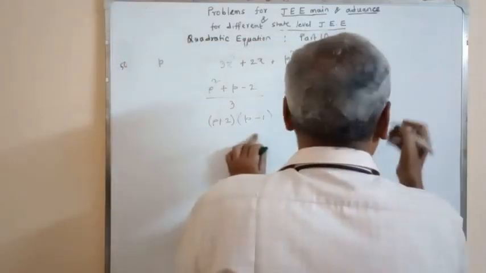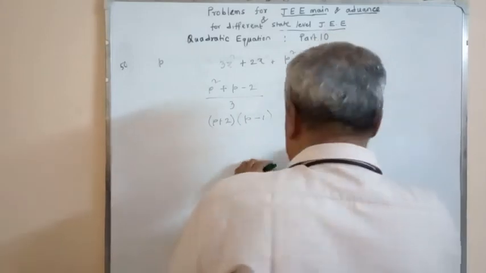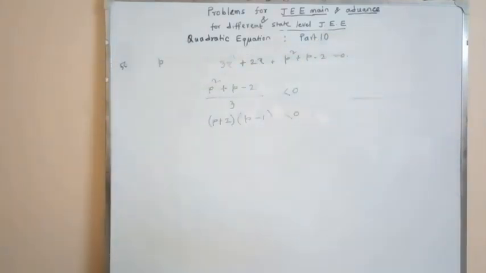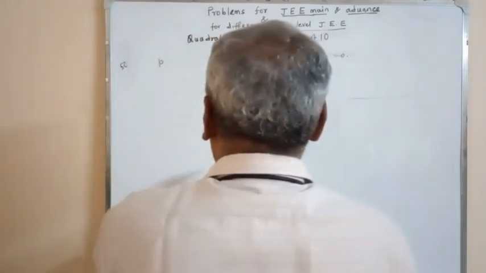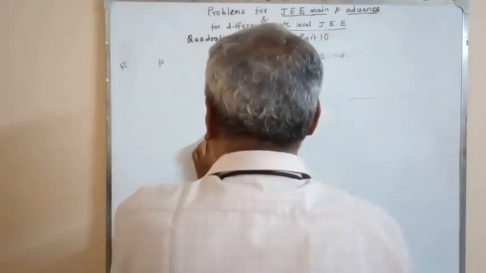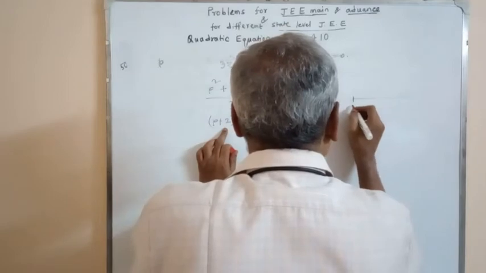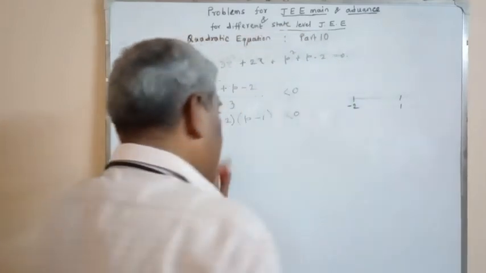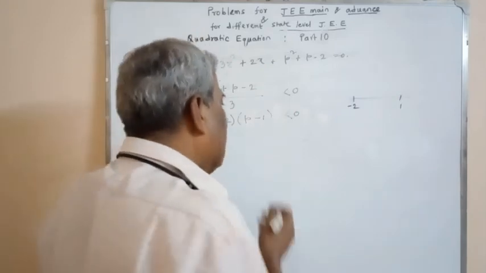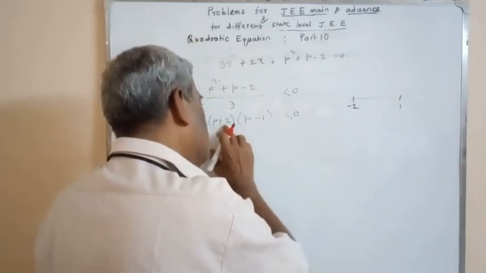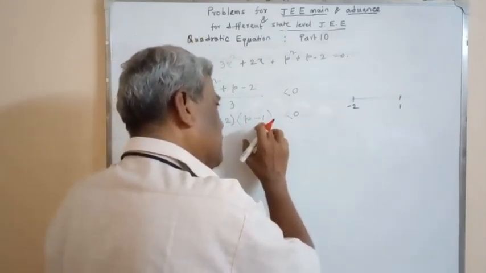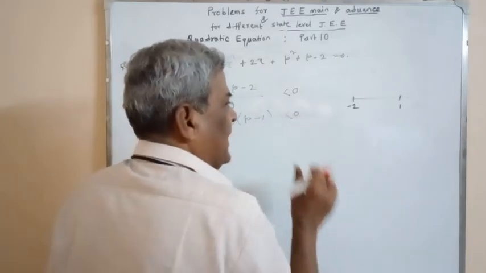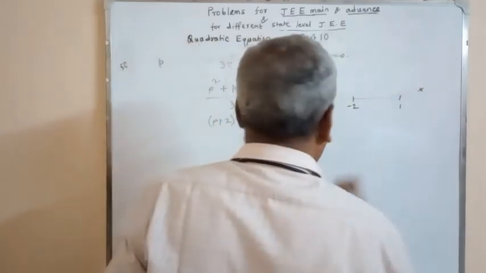Suppose the critical points are minus 2 and plus 1. If p is greater than 1, both factors are positive, so not satisfied.